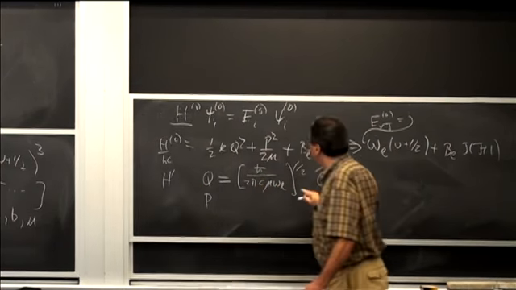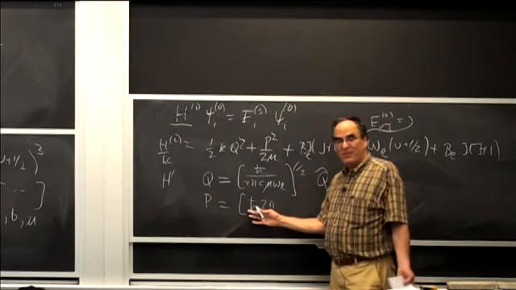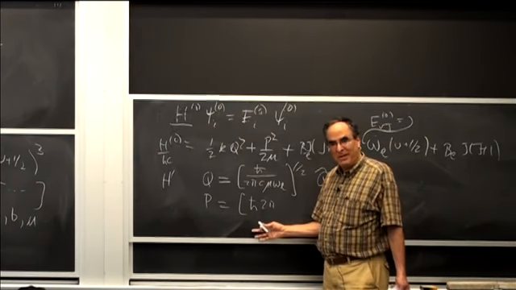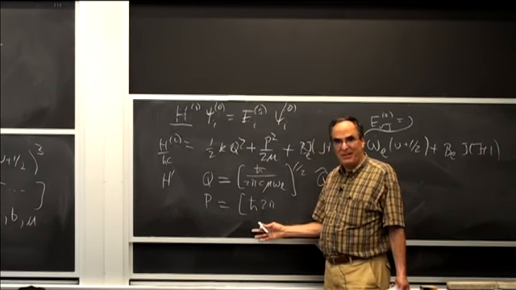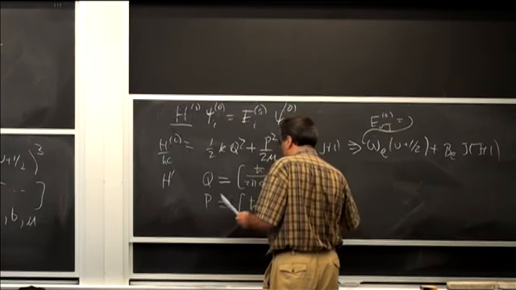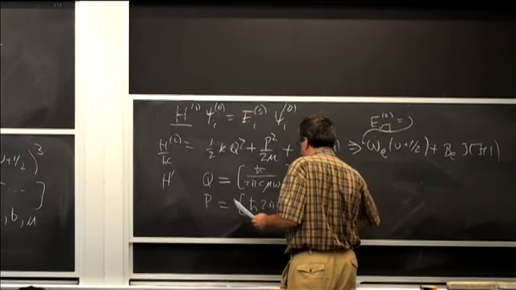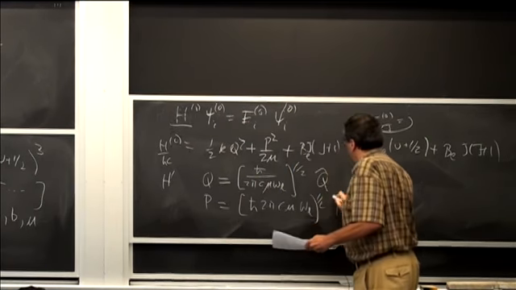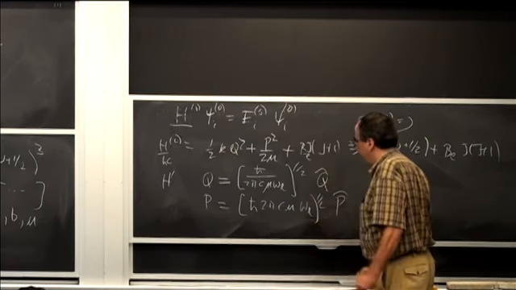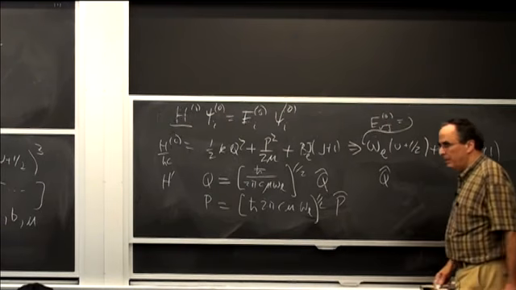Okay, and the same is true for P. The factor here is, you see, I have to look at my notes because I don't know what the factor is, but I only have to do it once. Square root of 2 pi c mu omega_e, p hat. And then there's a further reduction, Q.